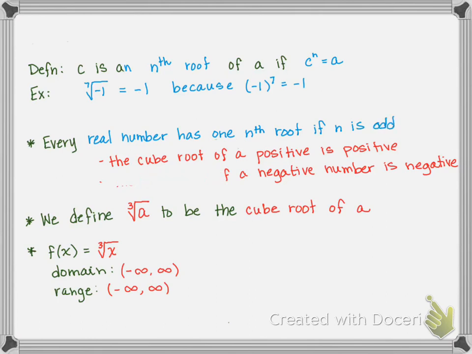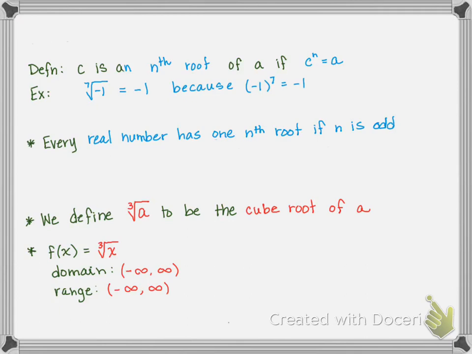So just like the cube root, any odd index radical we can apply to negative numbers and also to positive numbers, and we get a single output.